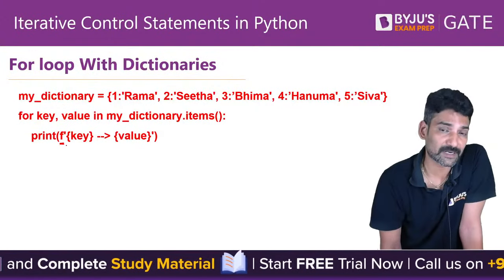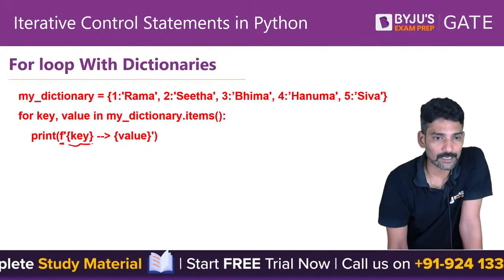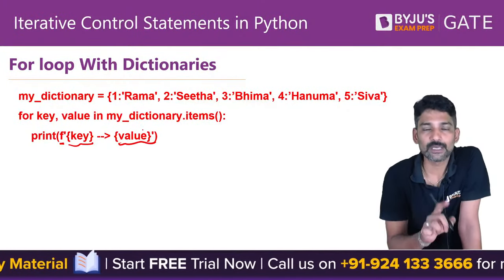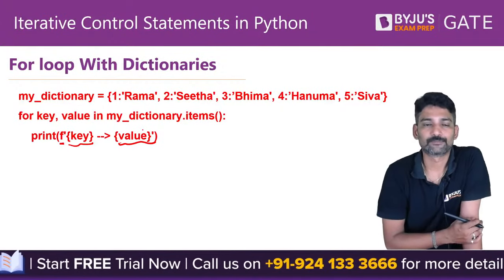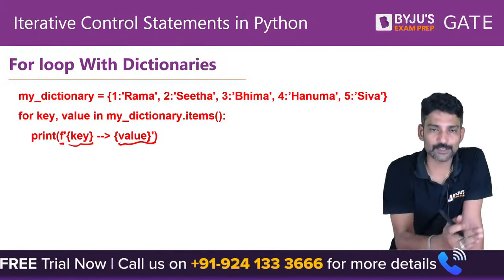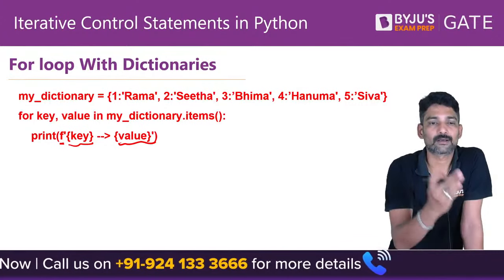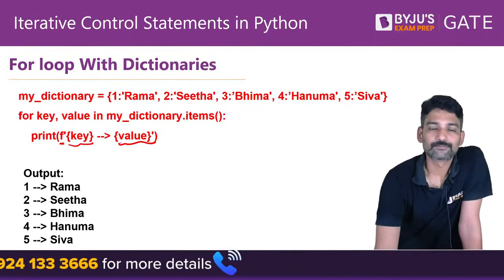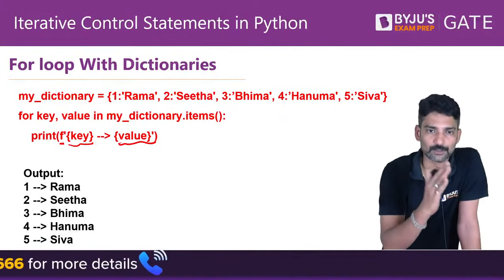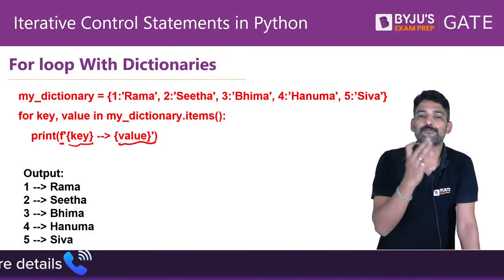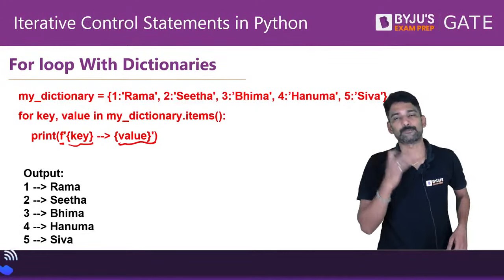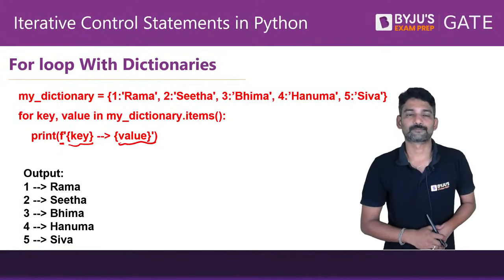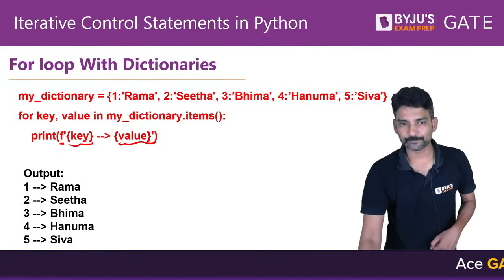How are you expecting the output? As key arrow value. For each key, its value should be printed. So I get 1 arrow Rama, 2 arrow Sita, 3 arrow Bhima, 4 arrow Hanuma, 5 arrow Shiva.